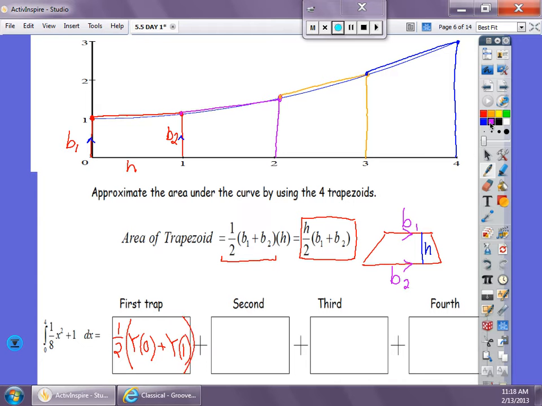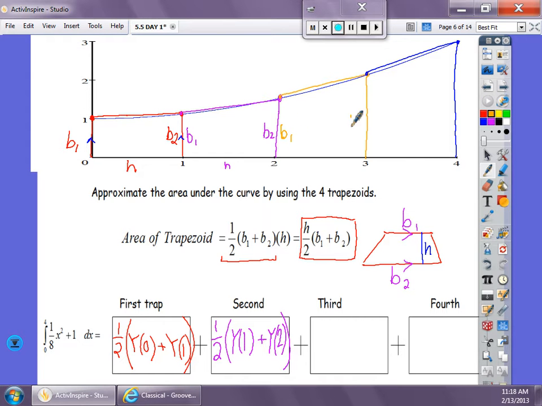My purple guy, now I have base 1 and base 2 and my height. The height is 1. My base 1 is y of 1. My base 2 is y of 2. Next one looks like it's in orange.